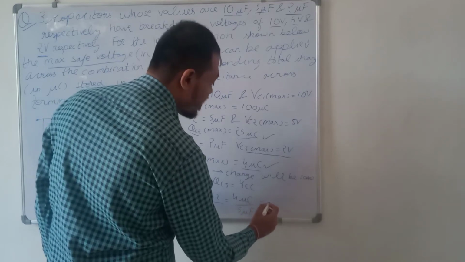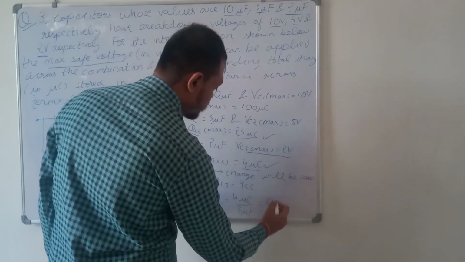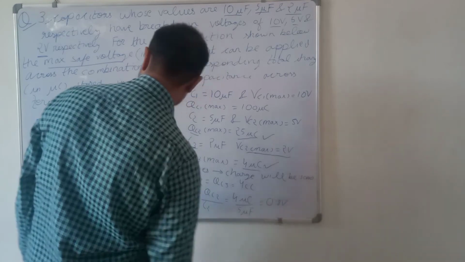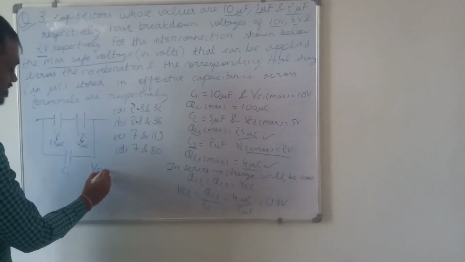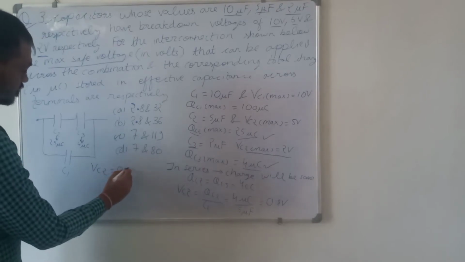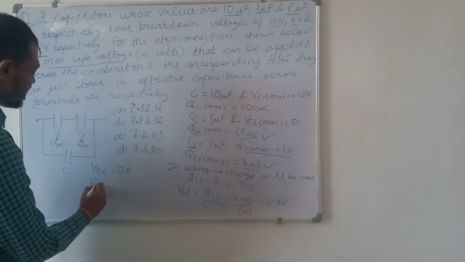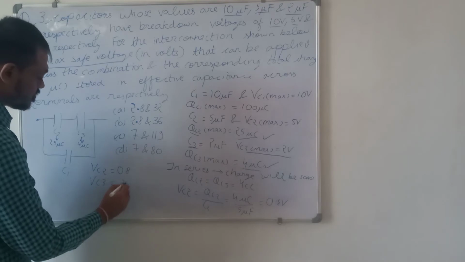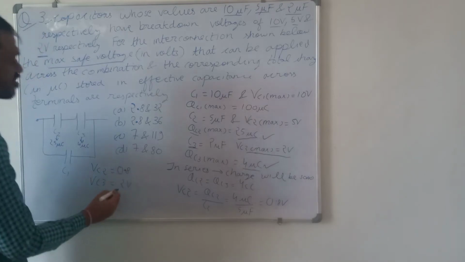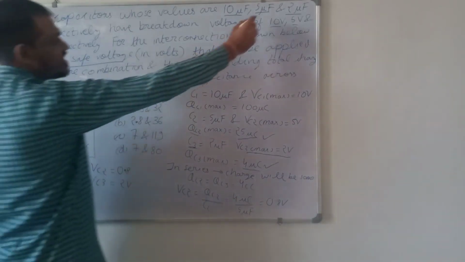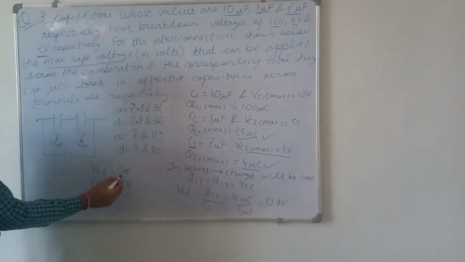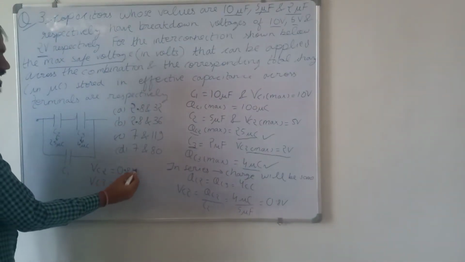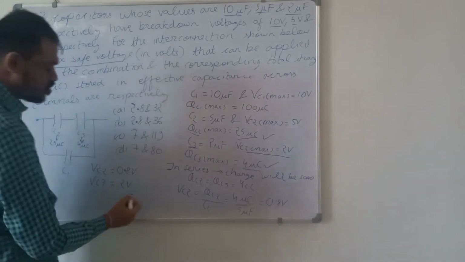So VC2 comes out to be 0.8 volt, and VC3 is equal to 2 volt, because 0.8 volt is less than 5 volt. So this is correct.